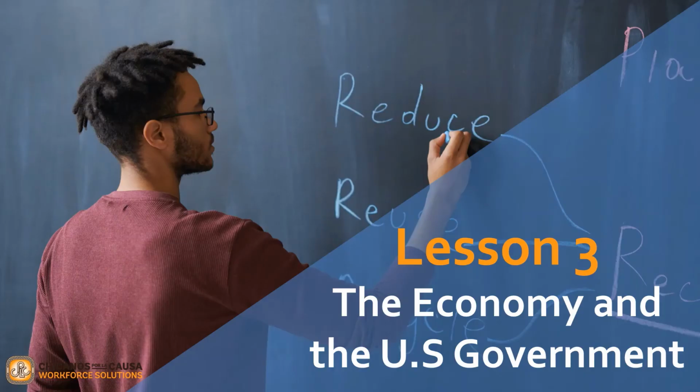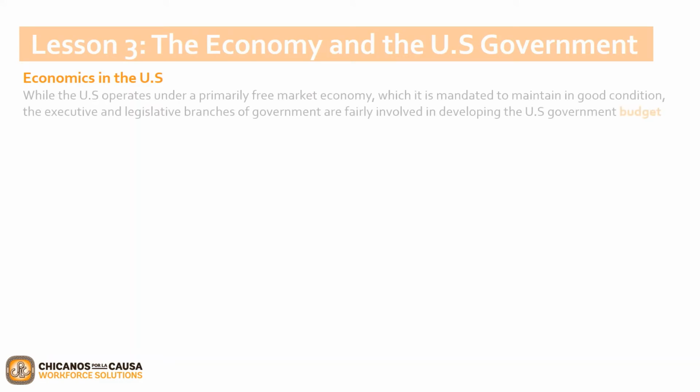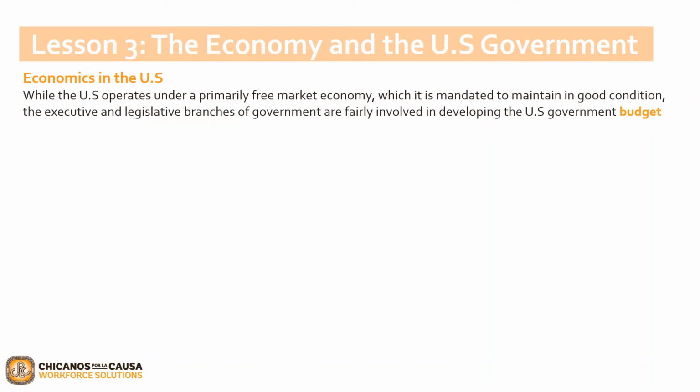Lesson 3, the economy in the U.S. government. While the United States operates under a primarily free market economy, which it is mandated to maintain in good condition, the executive and legislative branches of government are fairly involved in developing the U.S. government budget.